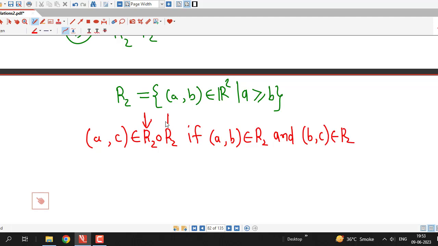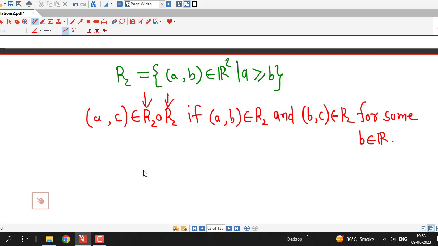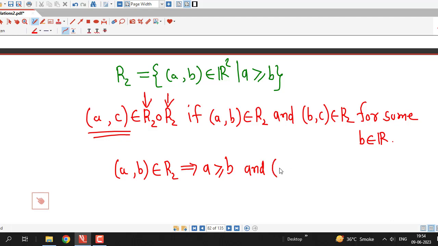Here the second relation is also R2, and this is for some real number B, or for some B in the set of real numbers. Now from this we try to find out the condition on the elements of this ordered pair. Now (A, B) belongs to R2 implies A is greater than or equal to B, and (B, C) is also in R2.